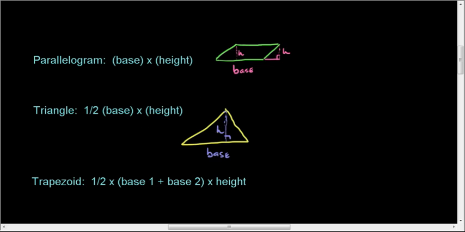Now, there are other triangles that aren't necessarily that nice, and they are called obtuse triangles, where they have one angle that is greater than 90 degrees. And you might say, okay, well, where's the height on this one? Well, again, you don't have to be on the inside to grab the height. But you do have to be careful, because the point or the vertex where you grab the height from has to drop down to the opposite side.